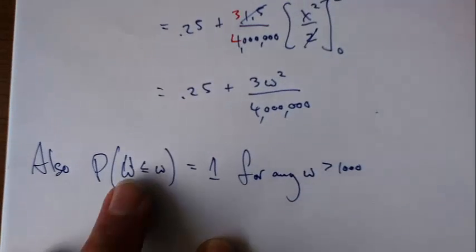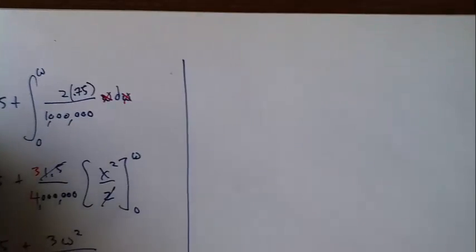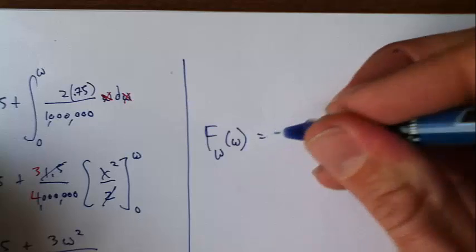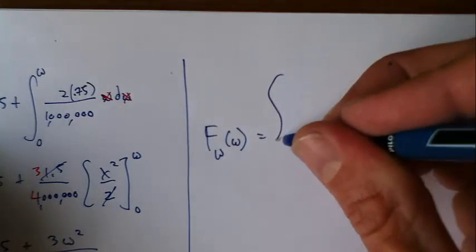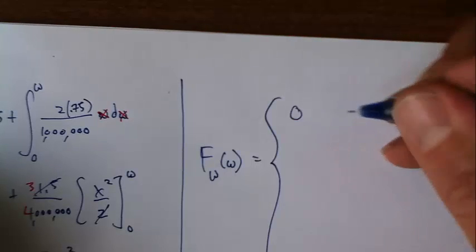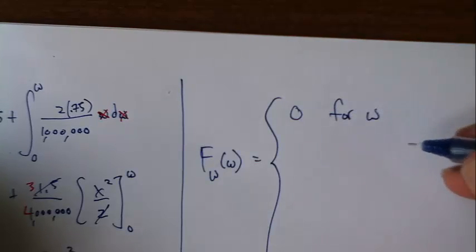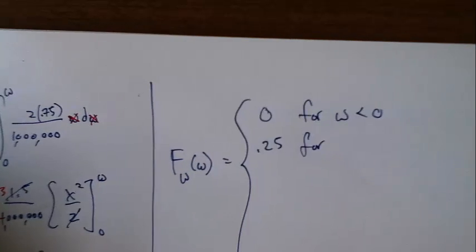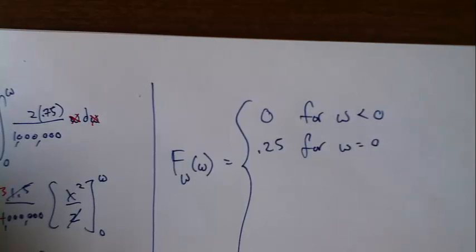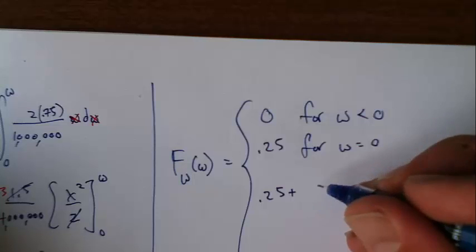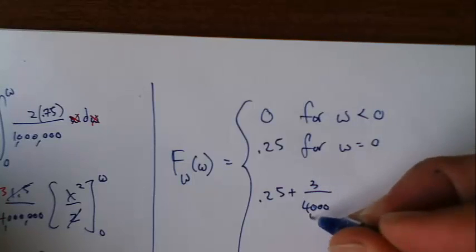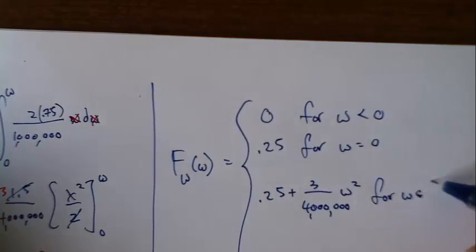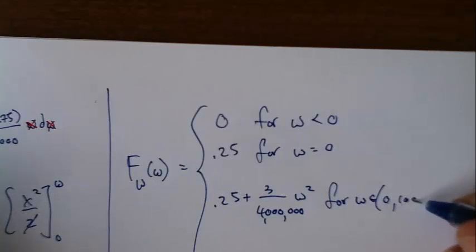Okay, so now let's write down the CDF nice and neatly and completely. F sub W of w is 0 for w less than 0, or it'll be a quarter for w equal to 0, or it'll be a quarter plus 3 over 4,000,000 times w squared for w in the half-open interval from 0 to 1,000.